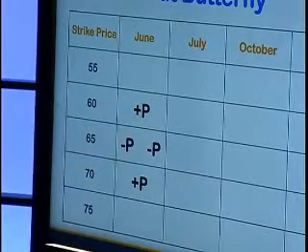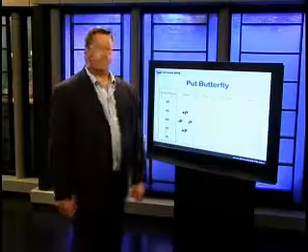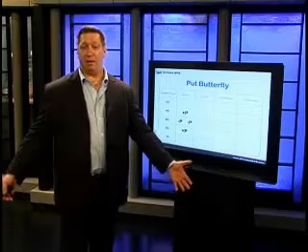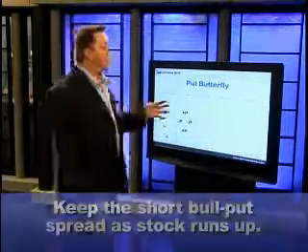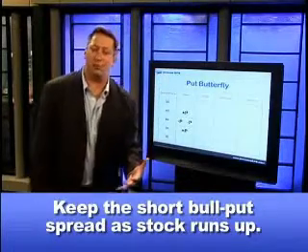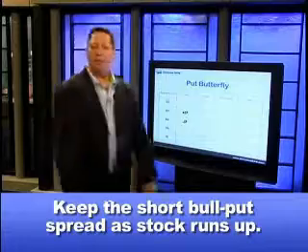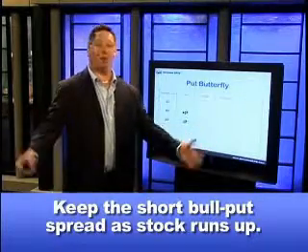This short put spread here is what? A bull spread. We've got a bull spread in there. We've got a bear spread in there. The stock is going up. Which one do we want to have? We want to have the bull spread. Get rid of the bear spread. Simple. Now that we get rid of the bear spread, we're riding a bull spread.